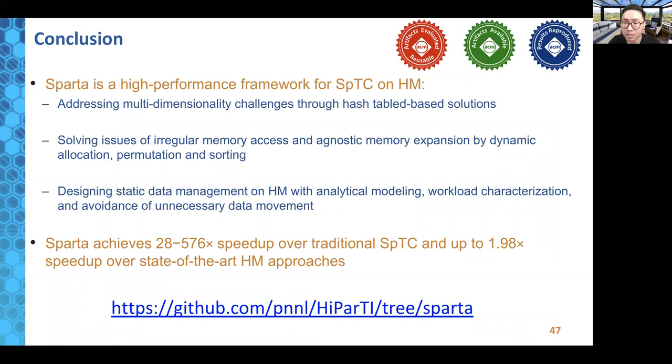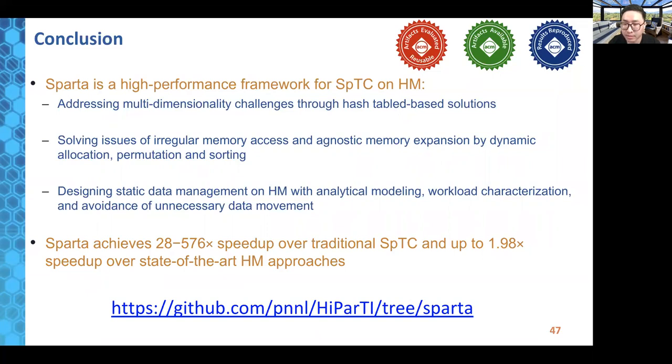In short, Sparta is the first high-performance element-wise and parallel sparse tensor contraction framework for arbitrary order sparse tensor contraction. It introduced hash table-based solutions to fundamentally solve the multidimensionality challenges.